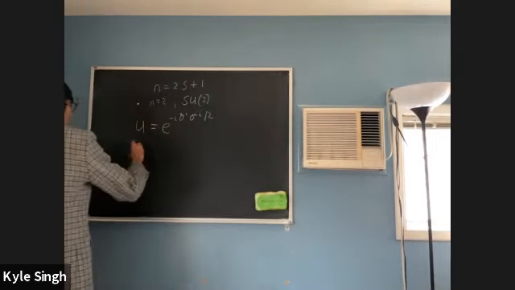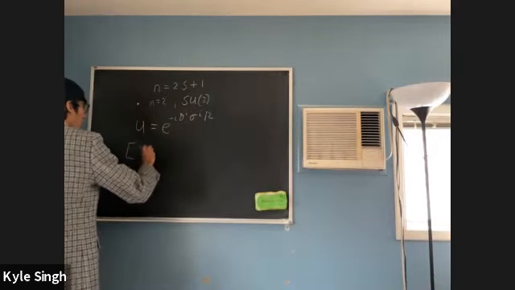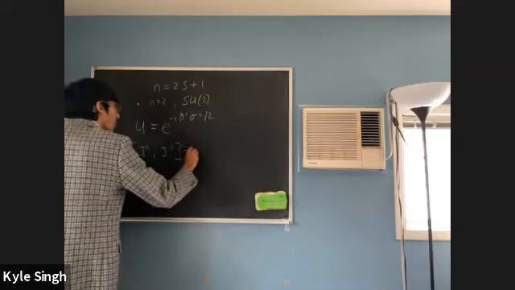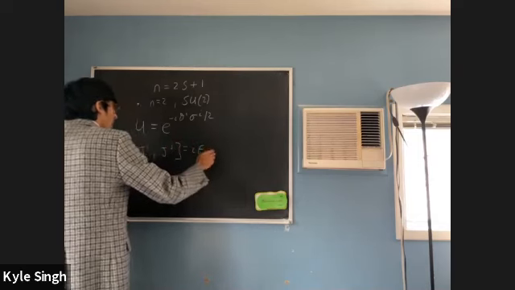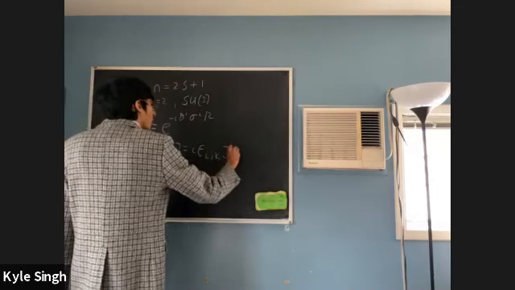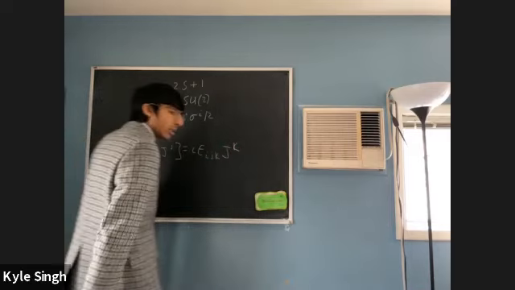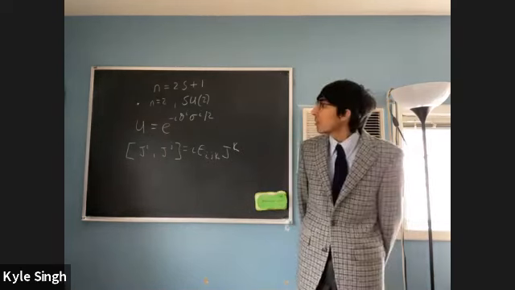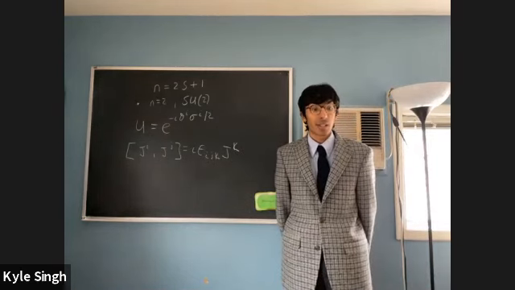And remember, it looks something like this: [J_i, J_j] = i epsilon_ijk J_k. Now, what are our J's? Our J's are super important. The J's are the generators of this algebra.